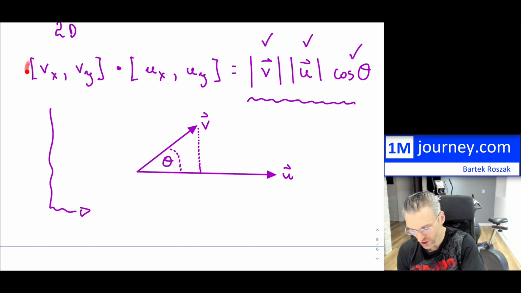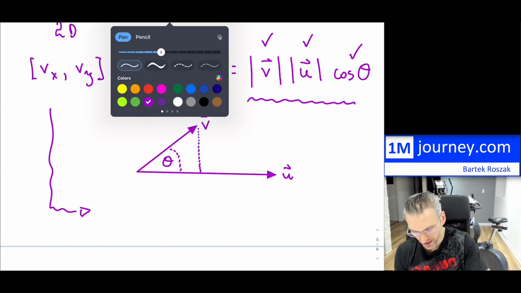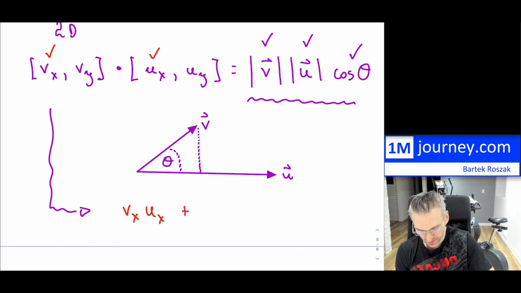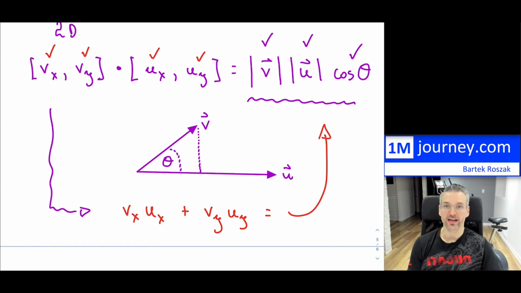We have shown, and I've done the proof for this, that the actual dot product is nothing else but the multiplication of the components, and then you're just simply adding them up. So this would have been the dot product between these 2 particular vectors, and that would indeed be equal to this.